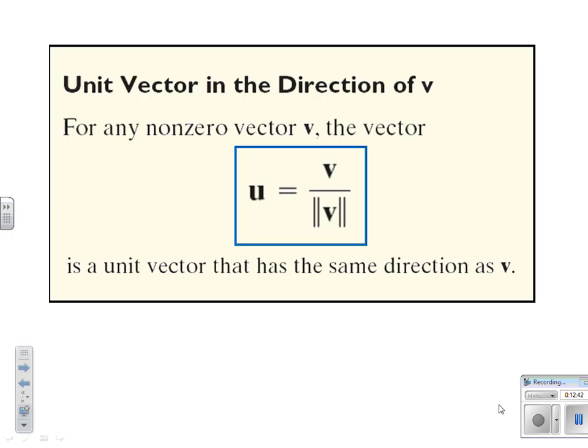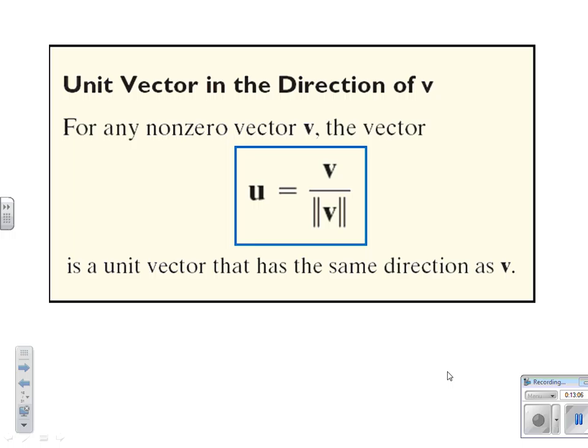What it does is it takes whatever length our vector is, keeps the same direction, but shrinks it down to 1 unit, creating a unit vector. So it's our regular vector divided by our magnitude. And remember, the magnitude is only a number, just a symbol.